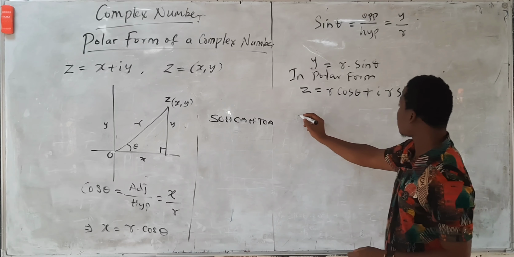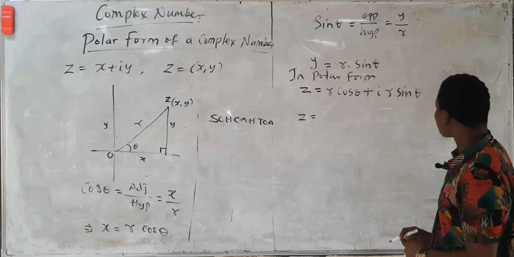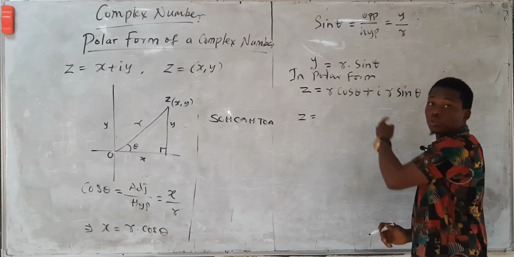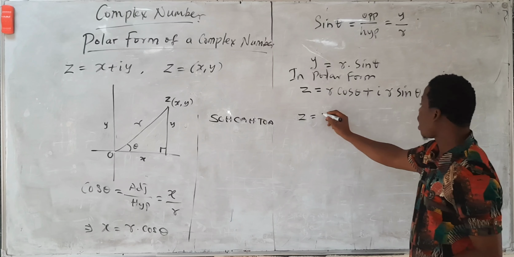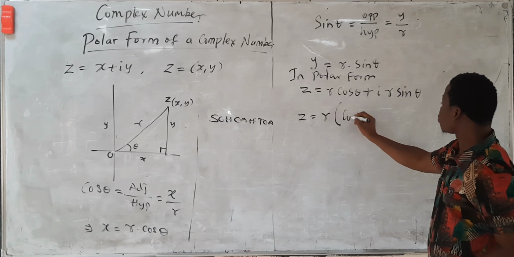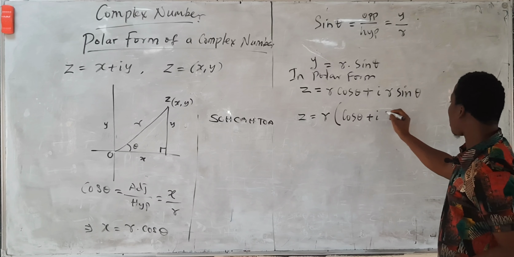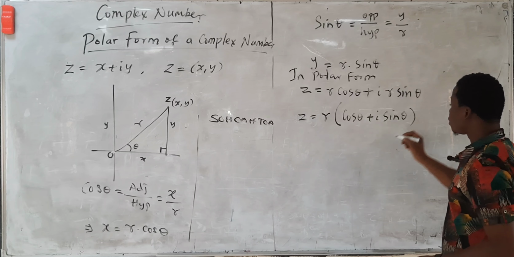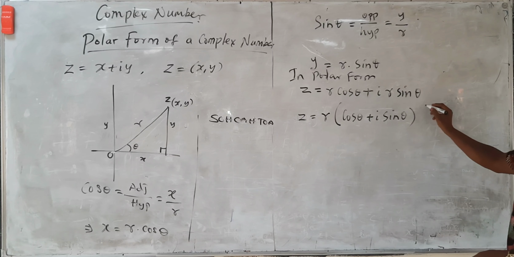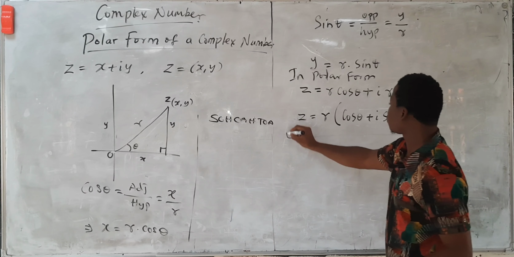From here, our z is equal to, r is common, so we factor r out. We have z equals r open bracket cos theta plus i sin theta. So this is the polar representation of the complex number.